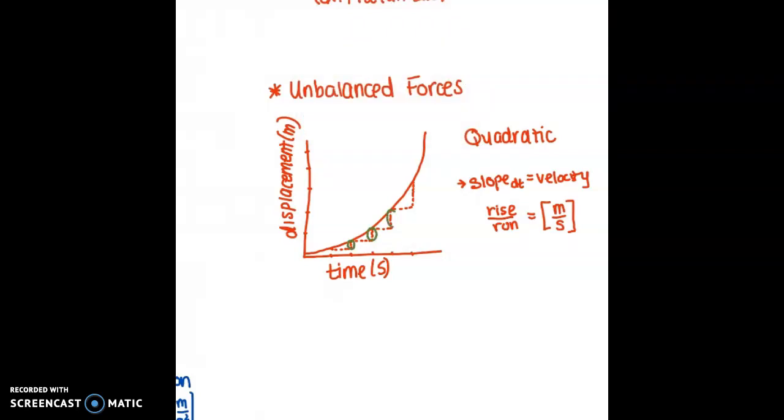Do you see how my displacement is getting bigger and bigger? The y values are getting bigger and bigger. But notice that it's getting bigger at an increasing rate. It's increasing by a larger amount each and every time, meaning that if the displacement is getting bigger by a bigger amount each time, my velocity, how displacement is changing, must be increasing.